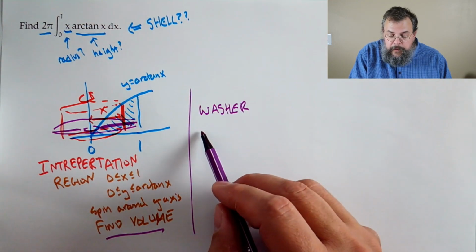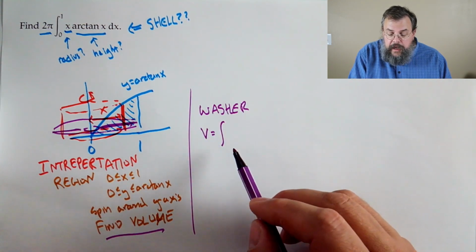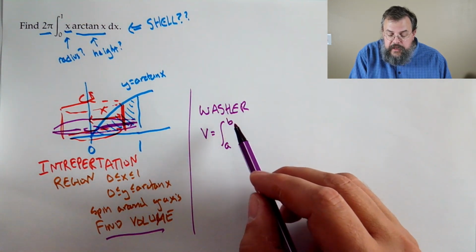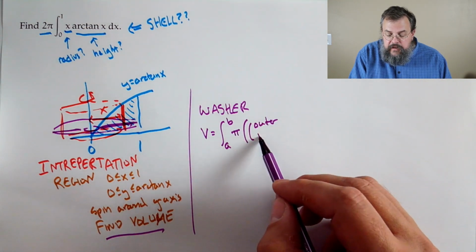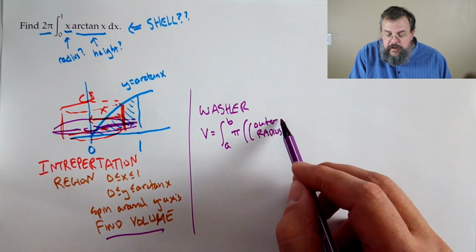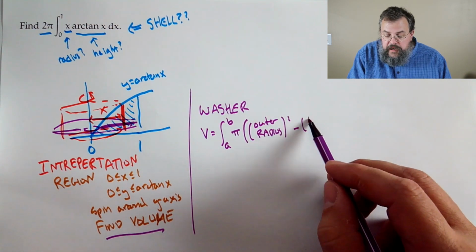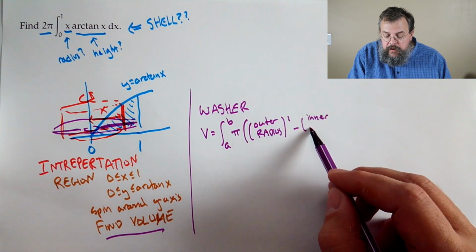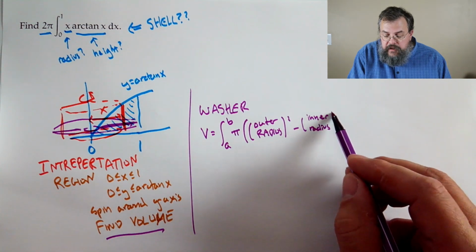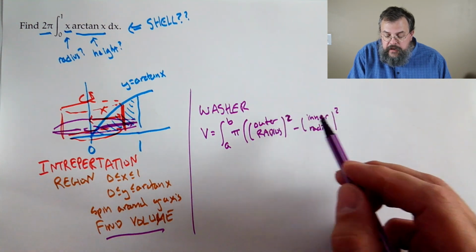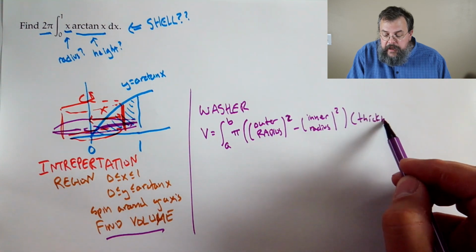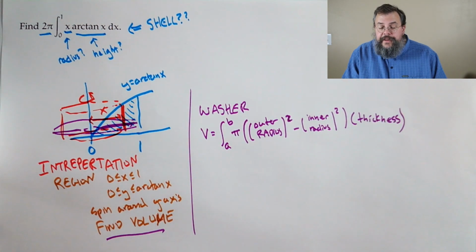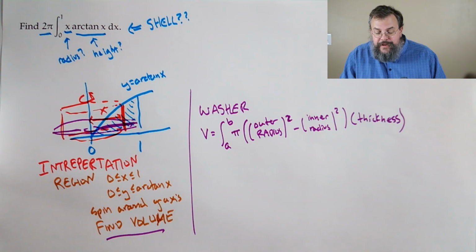Well, our formula volume is add up, start to finish, pi, the outer radius squared, minus the inner radius, or the small radius, squared, and then our thickness. All right, that's our setup. That's how we find things using the washer method.